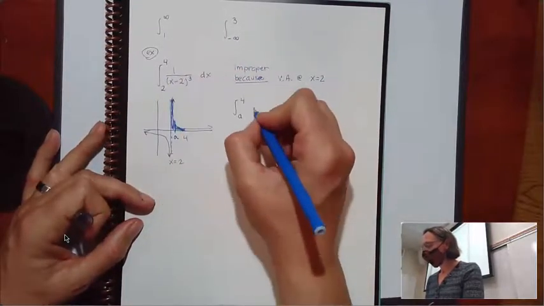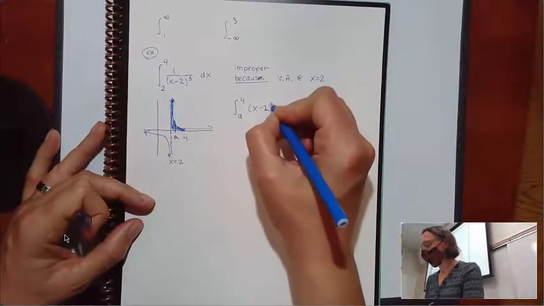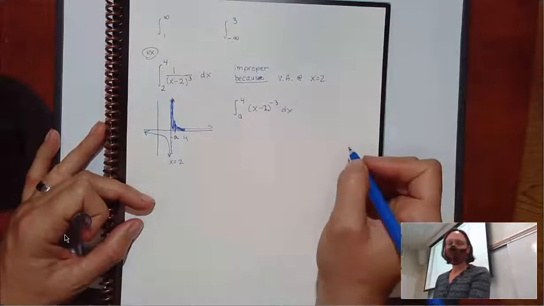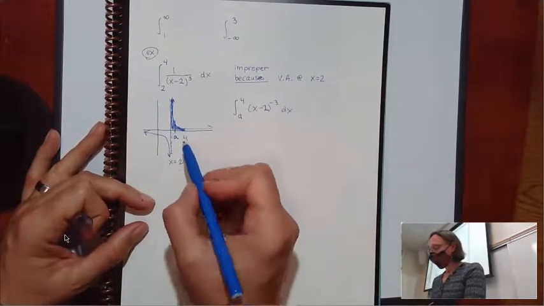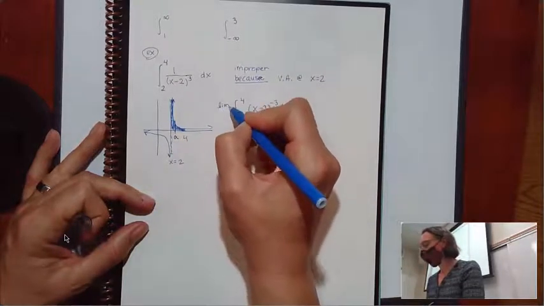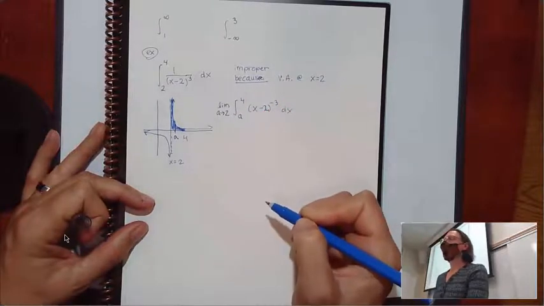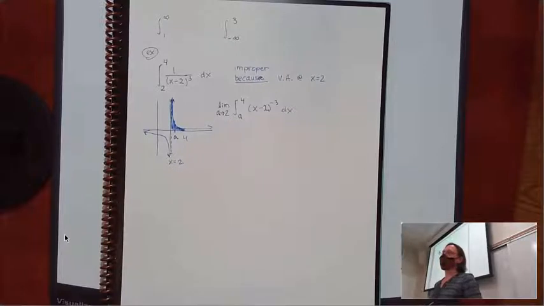I'm going to take a moment to write this integral as x minus 2 to the negative 3, just because I know it's going to be easier to integrate looking like that. But in terms of the improper integral, I built myself a wall at A, and then I'm going to take this limit to push A towards 2. It doesn't always matter, but sometimes it does to know whether we're coming from the left or the right.